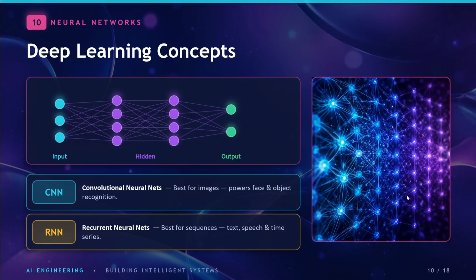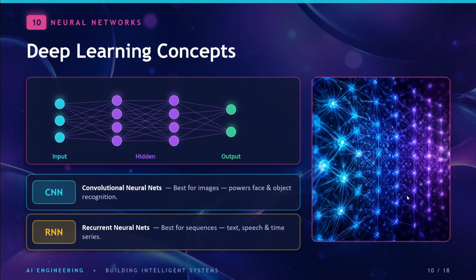The second type shown here is RNN, or recurrent neural networks. RNNs are best suited for sequence data where order matters, such as text, speech, or time series data.